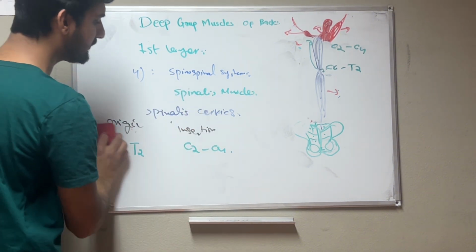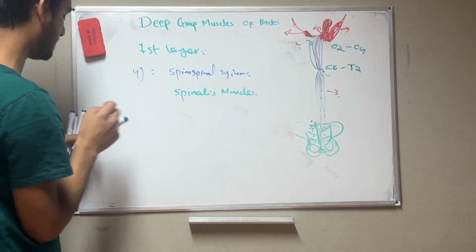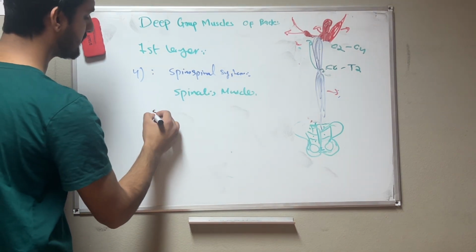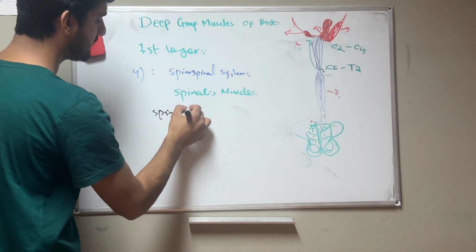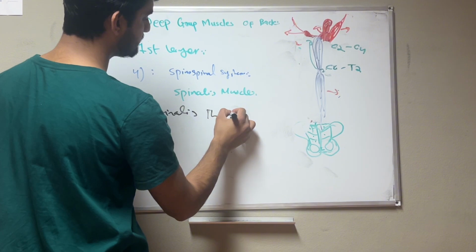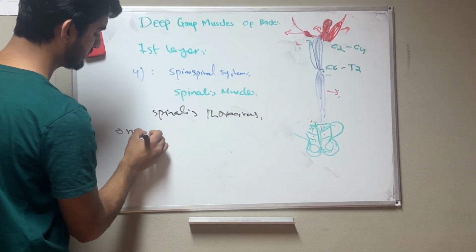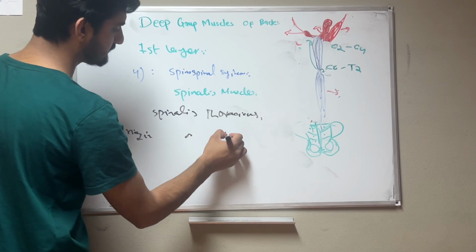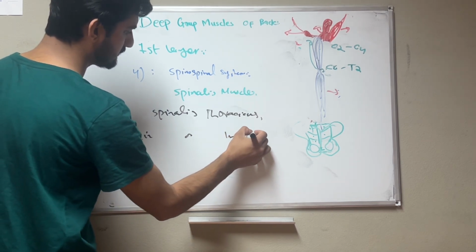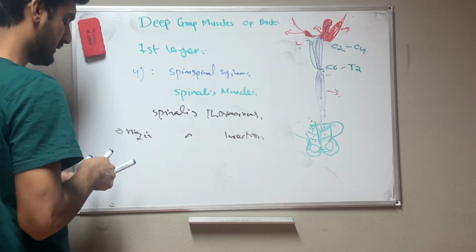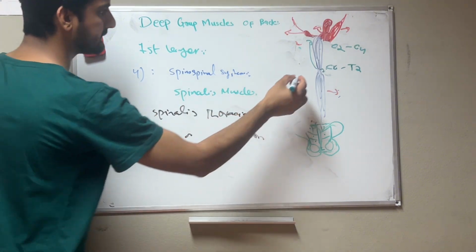Okay, then we have the second part, spinalis thoracis. Origin and insertion. Origin from where?